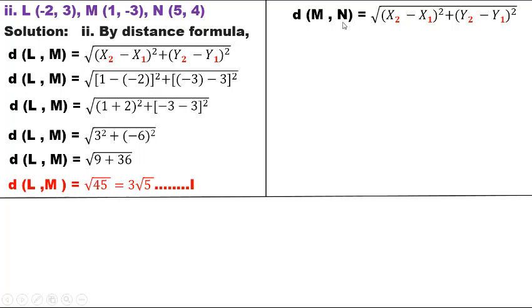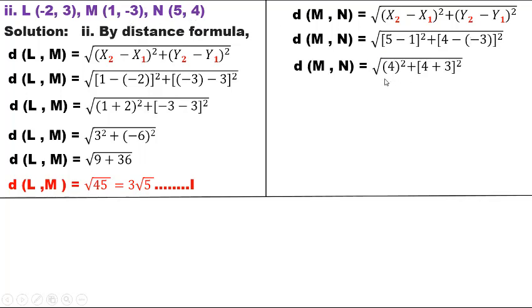Distance of MN is equal to under root of (x2 minus x1) square plus (y2 minus y1) square, which is equal to under root of (5 minus 1) square plus (4 minus minus 3) whole square.